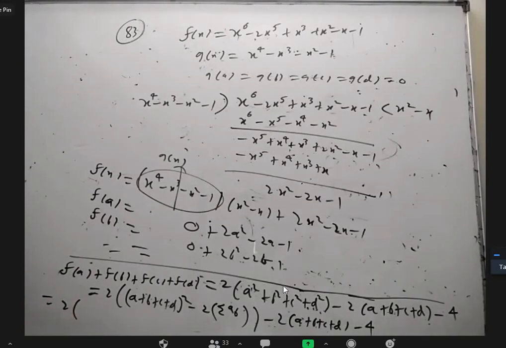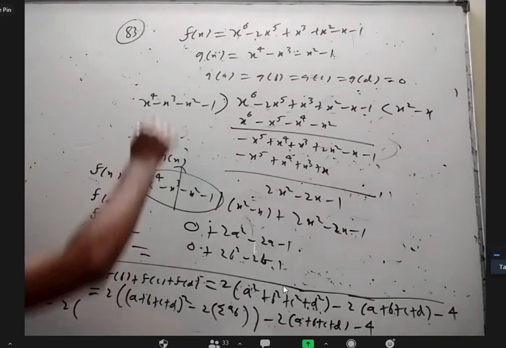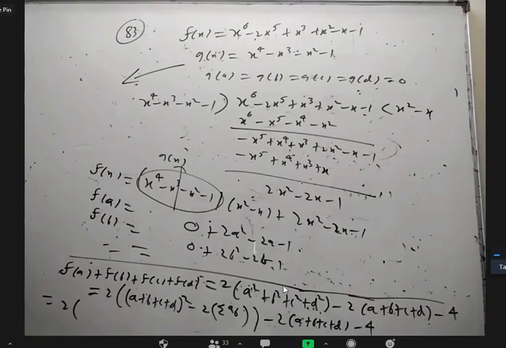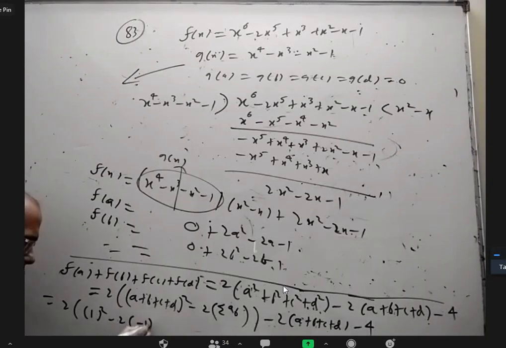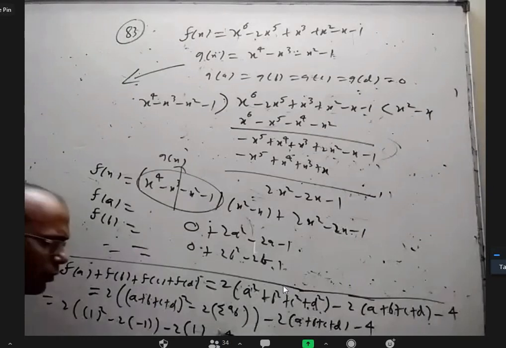What is the sum of the roots here for the fourth degree equation? Sum of the roots is 1. So 1 whole square. The sum of products two at a time will be minus 1. So this will be minus 2 into sum of the roots, which is again 1, minus 4. This is 1 plus 2, 3. 2 times 3 is 6, minus 6 is coming 0 somehow.